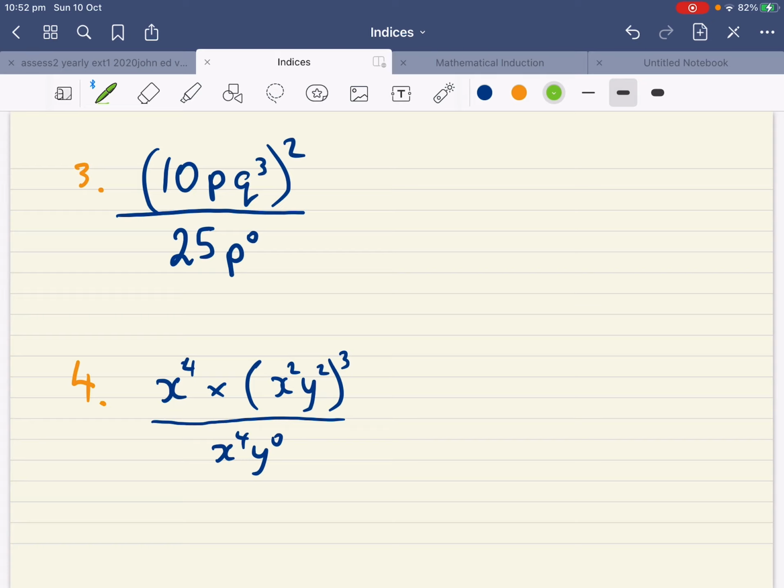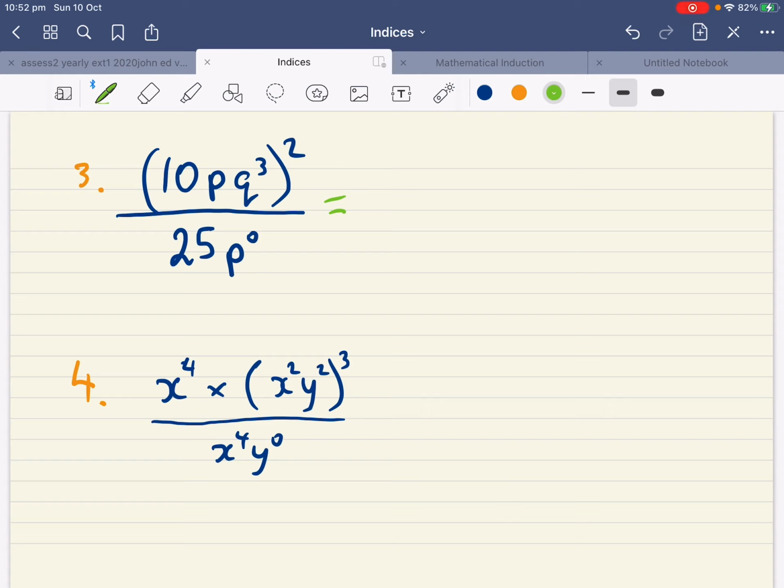So again, they're looking more complicated, but as long as we break it up and just do one step at a time, we'll find it may take longer because there's more steps, but they won't necessarily be harder. Each step should be just as easy as what they've always been throughout the topic. So this one here, I'm going to look at the top first.